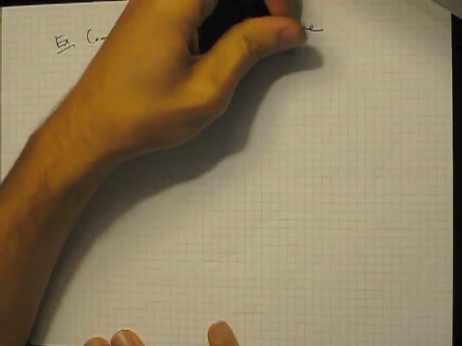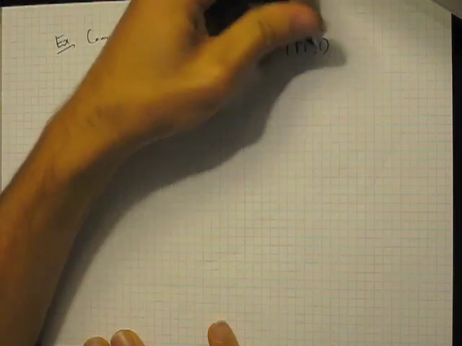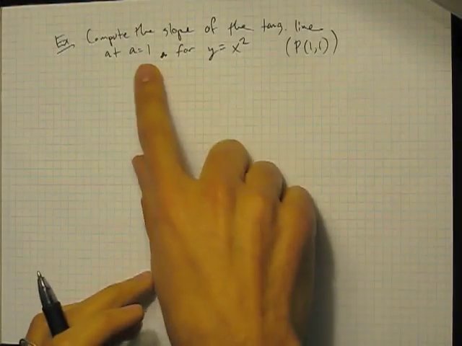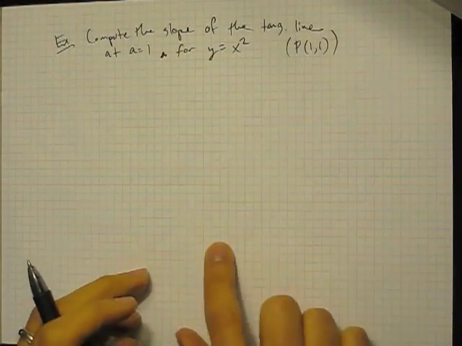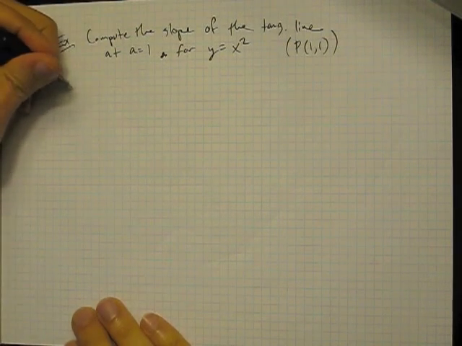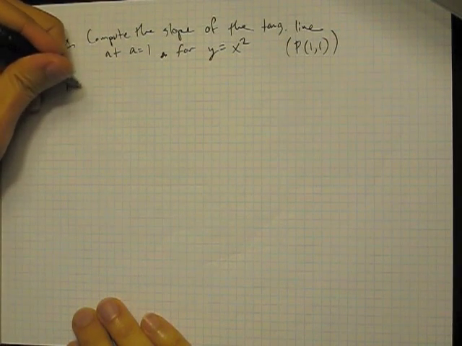So in this case, our point P is just the point (1, 1), because if a is 1, then when we square 1, we get 1. So let's use the first definition.